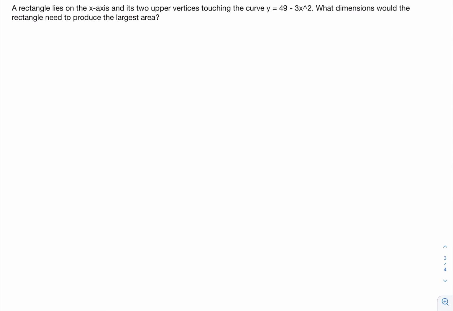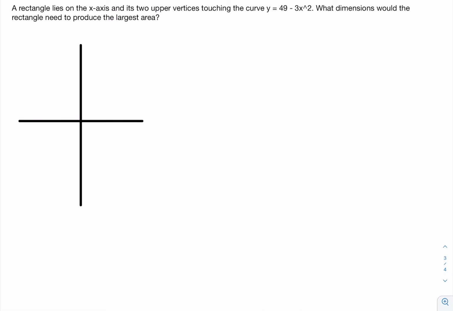Okay. Last question here. A rectangle lies on the x-axis and its two upper vertices touch the curve y equals 49 minus 3x squared. What dimensions would the rectangle need to produce the largest area? So what we have here is kind of a different looking question. It's involving an actual function to start out.